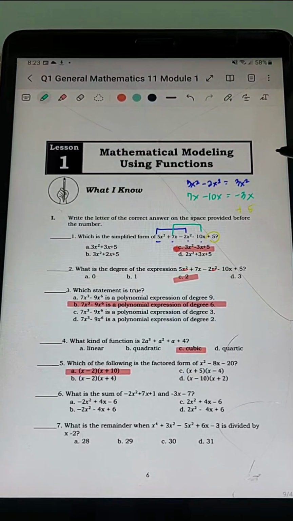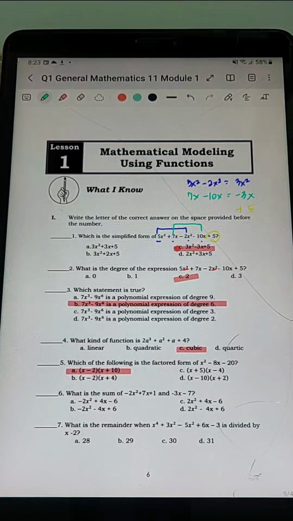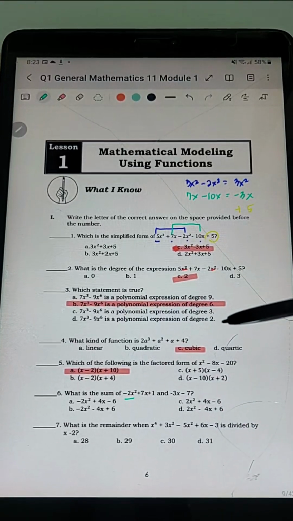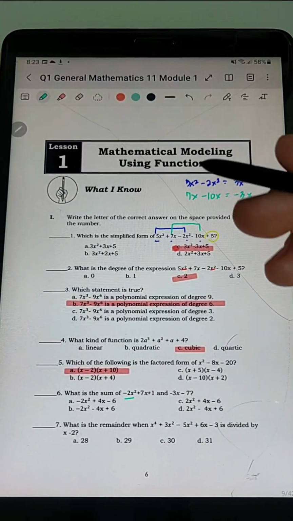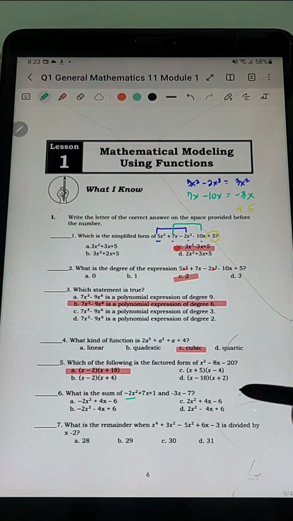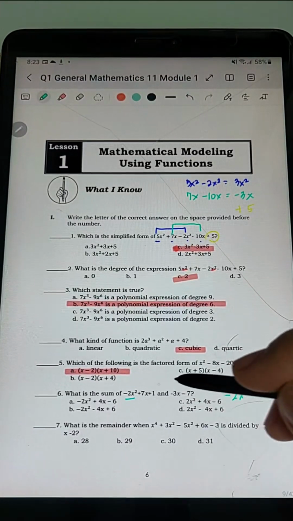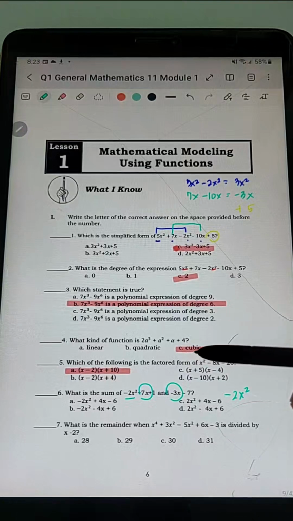You have to look at the exponent of the variable.